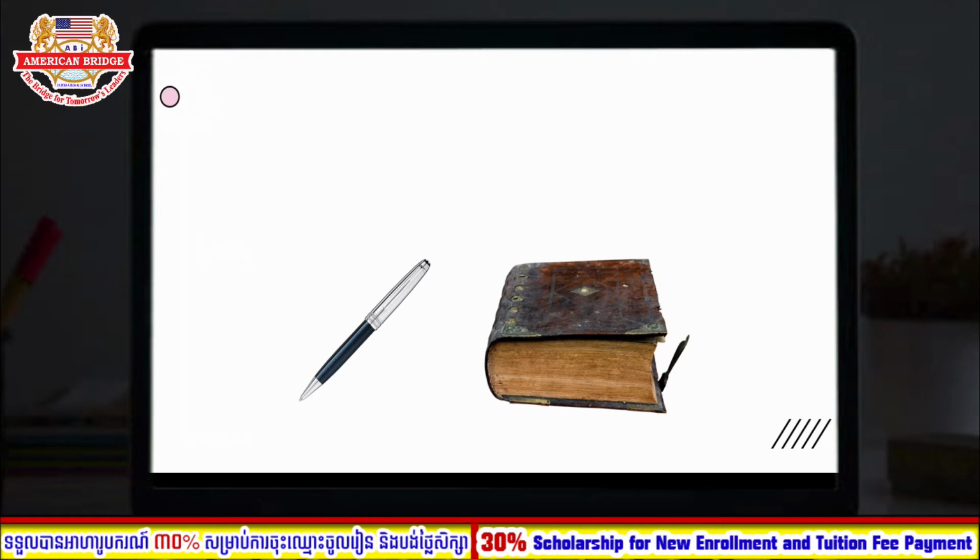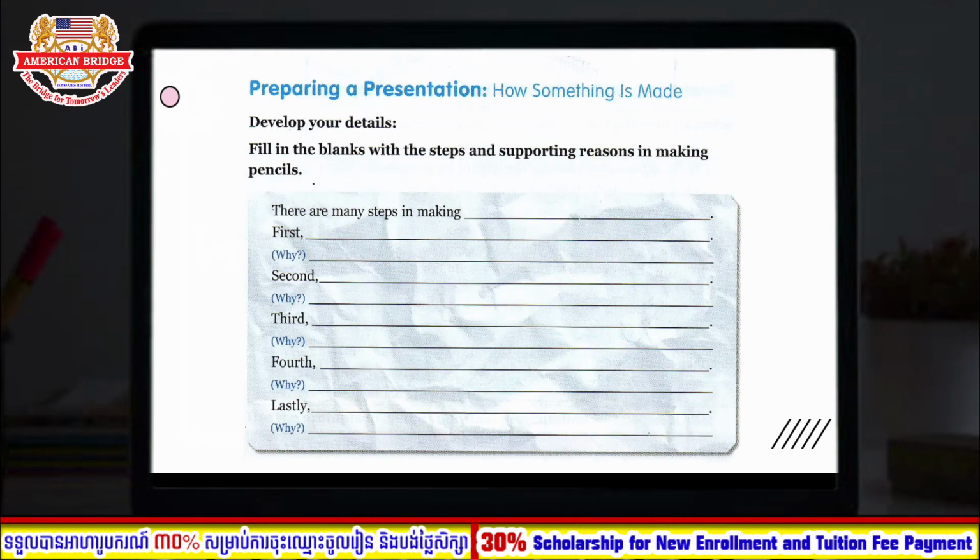Without pens or pencils or without the paper, there is no way that we will learn a lot of lessons. Even though right now we are using technology, paper is still widely used all across the globe. So the topic that you already learned is the product making process.